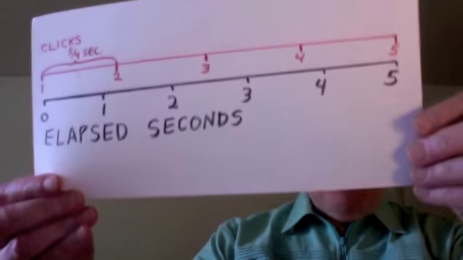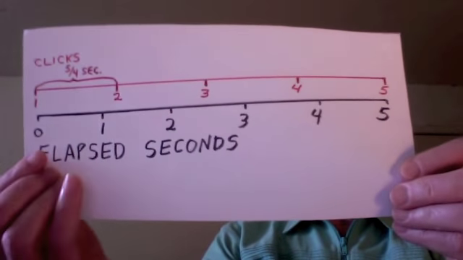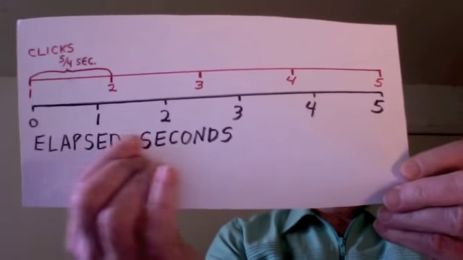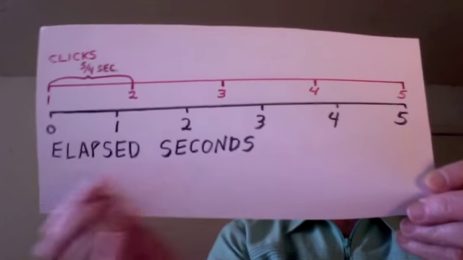Well, a superficial interpretation of this challenge might be 5 clicks in 5 seconds. That's 1 click per second. That is not the case. I show that in this diagram where I have made a timeline of the first 5 elapsed seconds of the challenge.